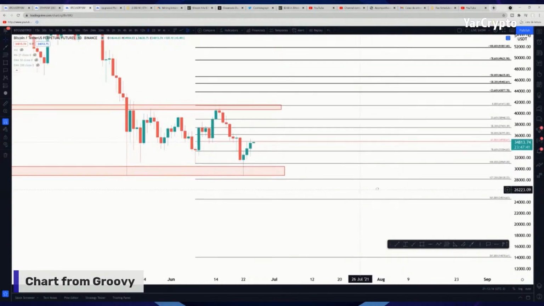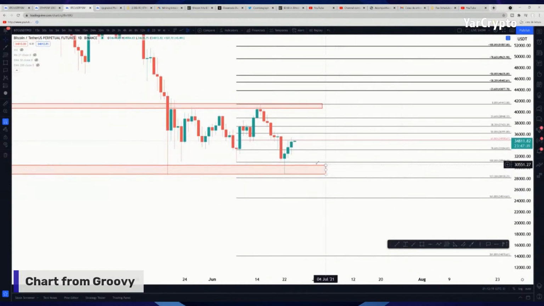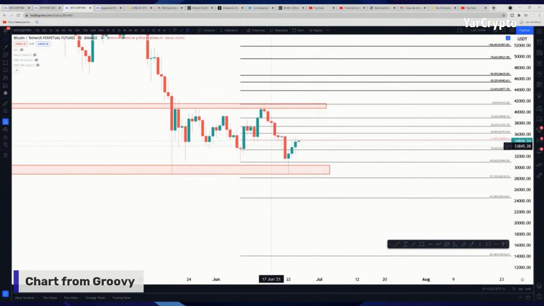Basically, we have a few confluence points that we are seeing here on the price. The obvious one, the most important one from the Fibonacci retracement, is the 0.618 level, in red on my chart.